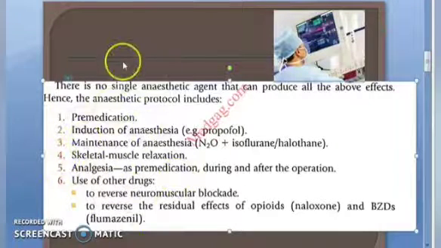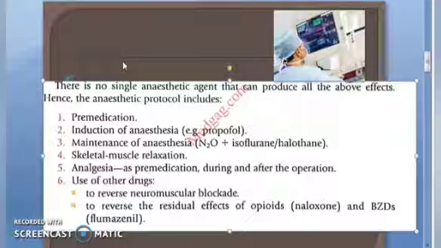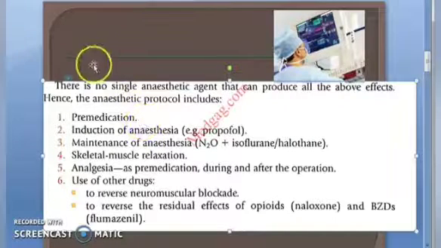But before all this, actually what they do, they go through the checks, chest x-ray and comorbidities, everything they check.